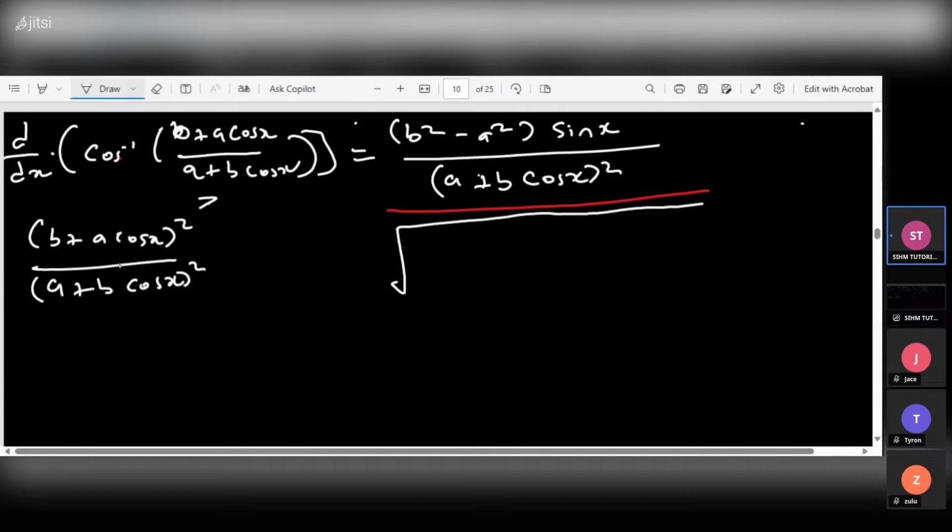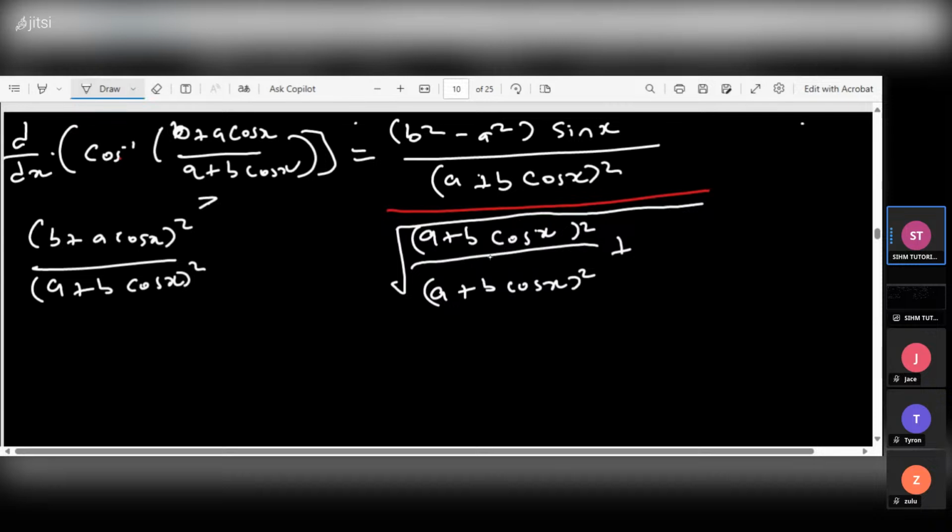So b plus a cos x, this is going to be the same as a plus b cos x squared, and then all squared. Sorry, this square is supposed to be here. Remove that one, and then divided by a plus b cos x, then all squared, and then plus.